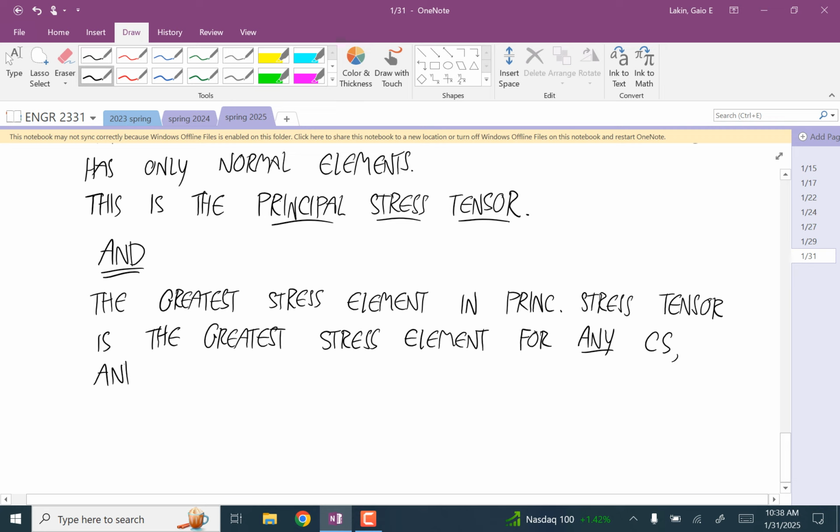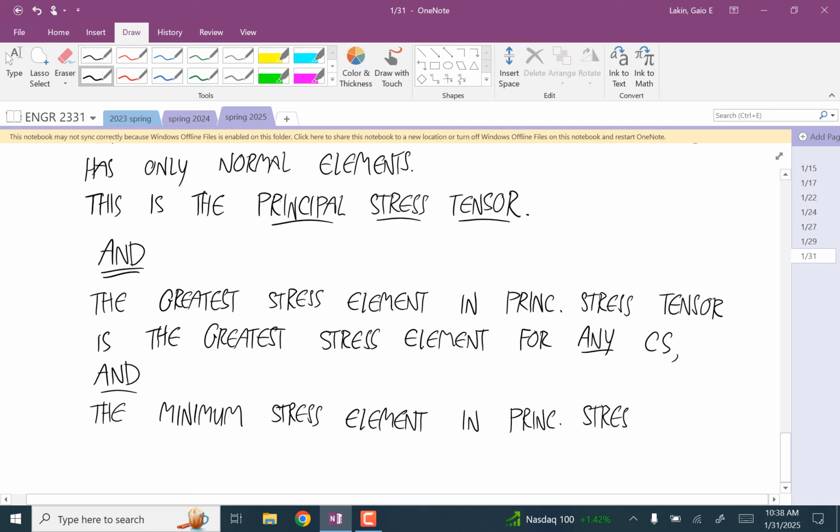And the minimum stress element in the principal stress tensor is the minimum stress element for any coordinate system.